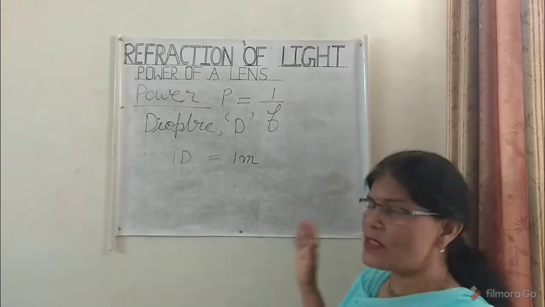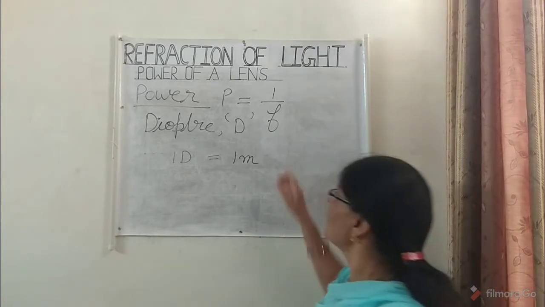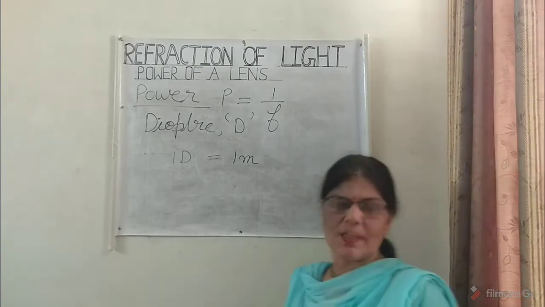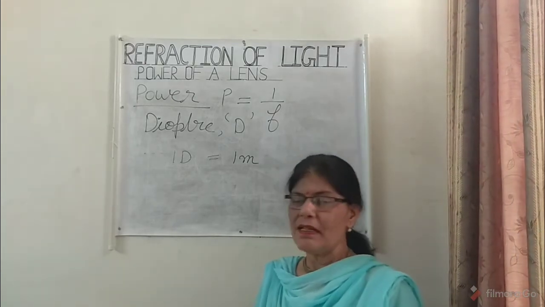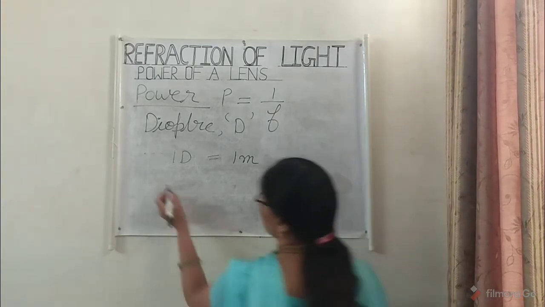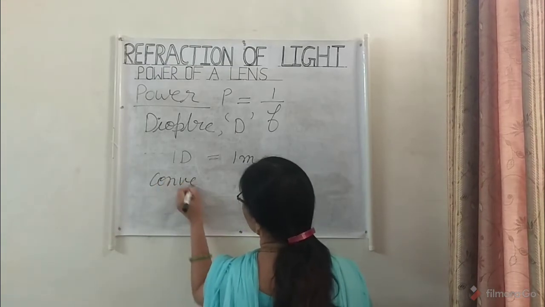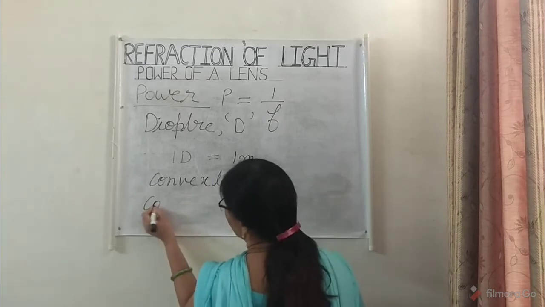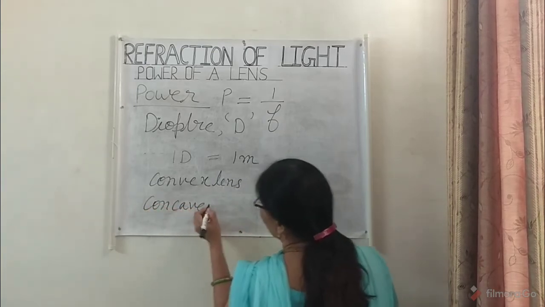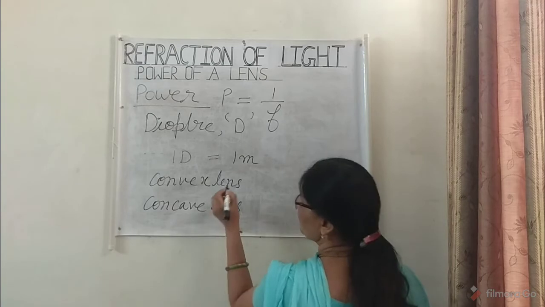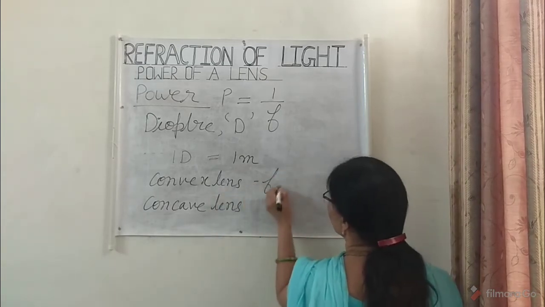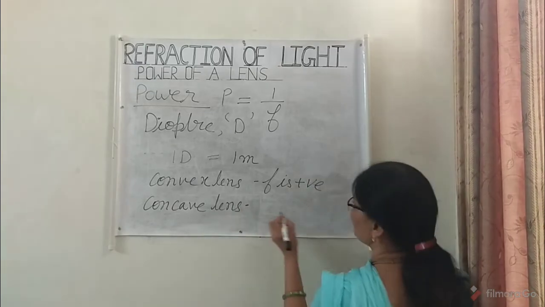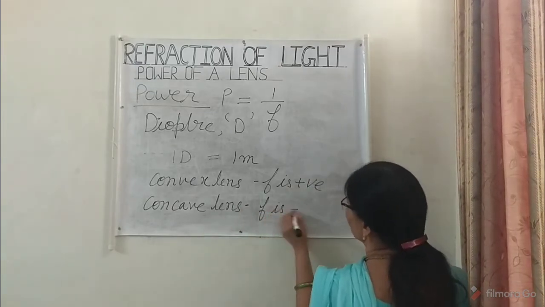So in case of power, we consider the unit of focal length in meters. Power is the reciprocal of the focal length, and we know that in case of convex lens, our f is positive, and in case of concave lens, f is negative.